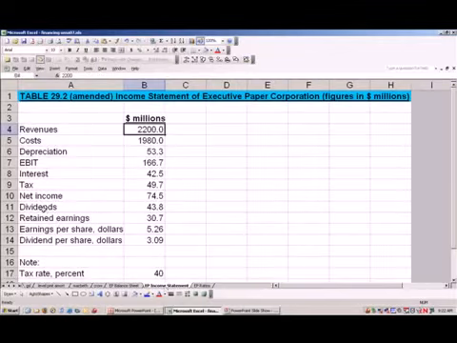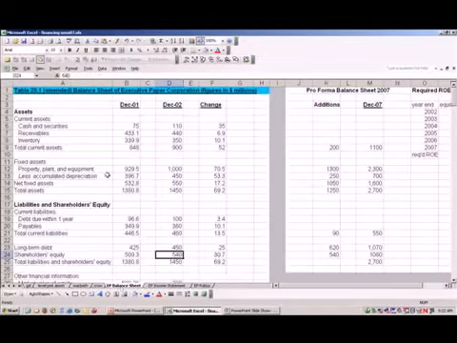Here in the income statement we have our familiar EBIT of $166.7 million minus the tax payment of $49.7 million. That's our numerator in the return on asset calculation. And the denominator is total assets of $1.45 billion.